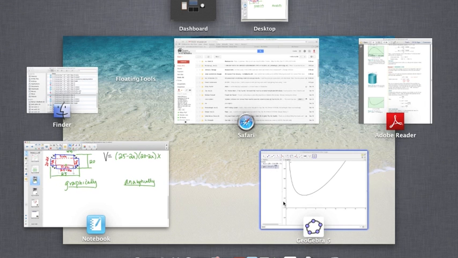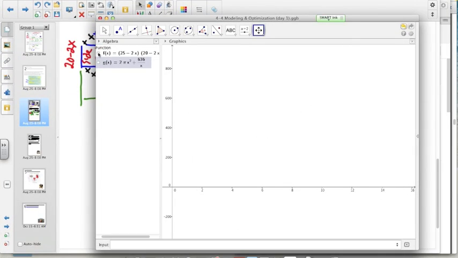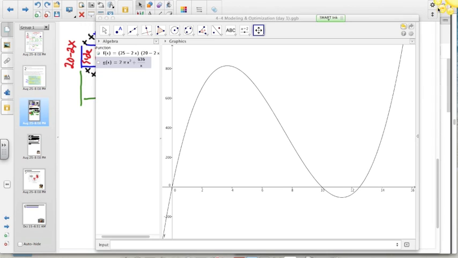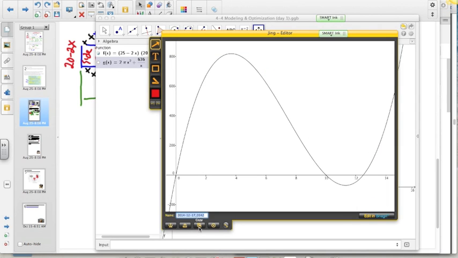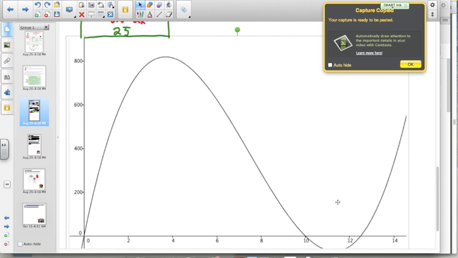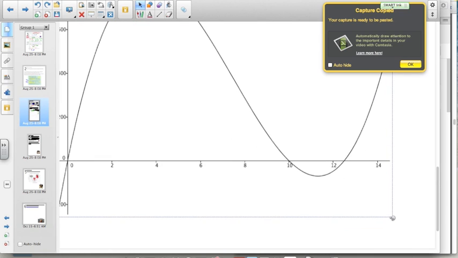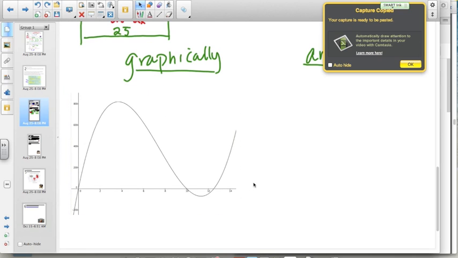Okay, so we should have something that looks like this. And so we just need to talk about the characteristics, as we've been doing all chapter long, that we see here.